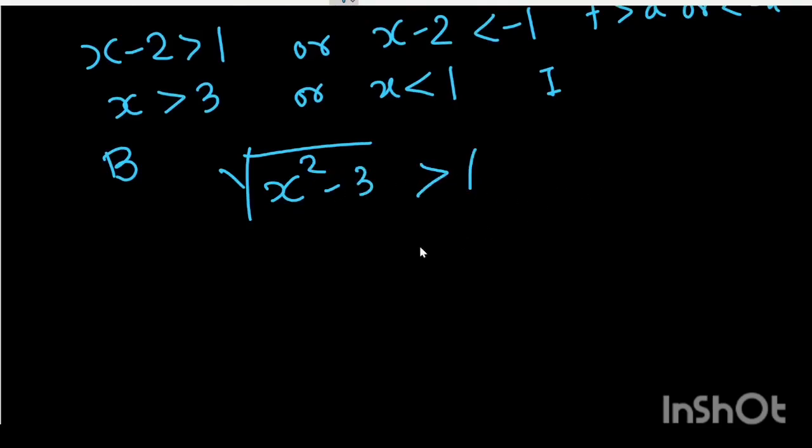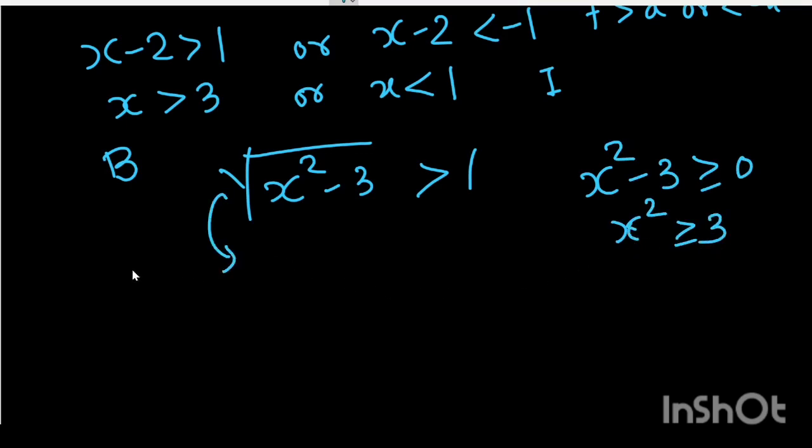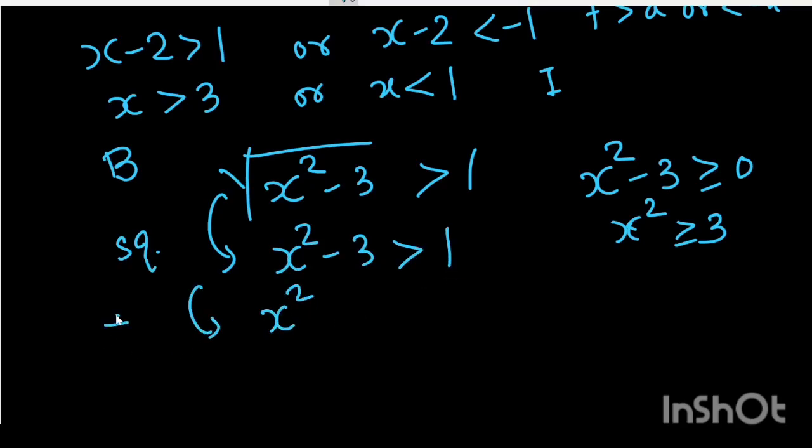Obviously the domain constraint must be satisfied, which means x square minus 3 must be greater than or equal to 0, x square must be greater than or equal to 3. Okay, now after considering the domain, we will square both sides, so the under root is removed and this is 1. Now adding plus 3 both sides, we will get x square is greater than 4.